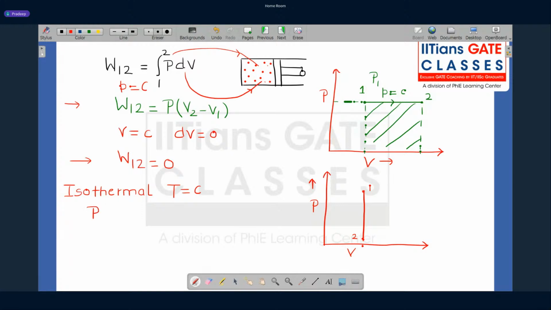This process is defined as PV equal to constant. So this is the relation: pressure into volume remains constant for an isothermal process. And this condition is defined as PV equal to constant. So how will the process look on the PV diagram? If you plot this on the PV diagram, you will get this kind of curve.